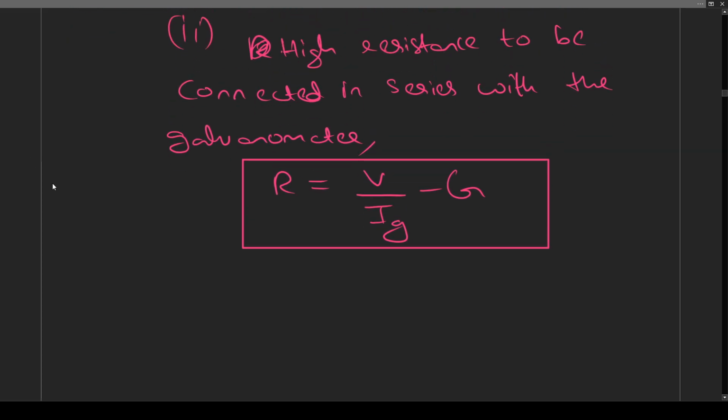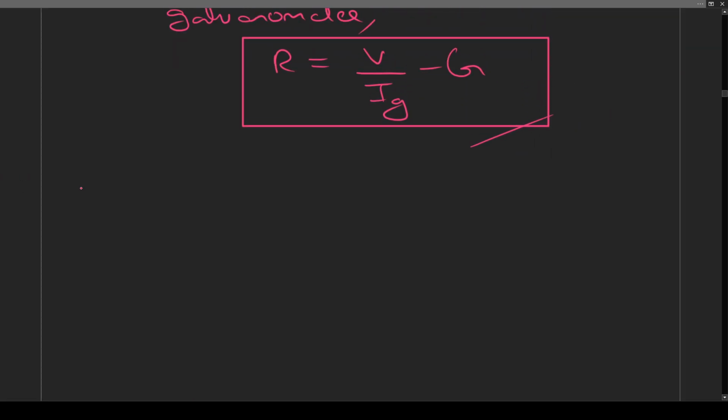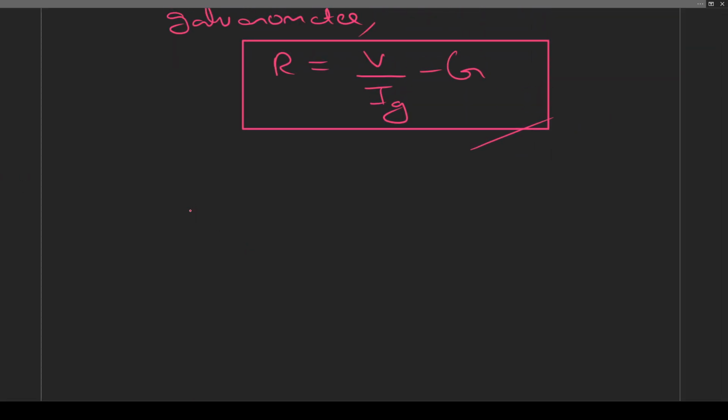How do we know this is the actual formula? If it is a small formula, it is easy to remember, but if some people want to know how it is derived, I will derive it.